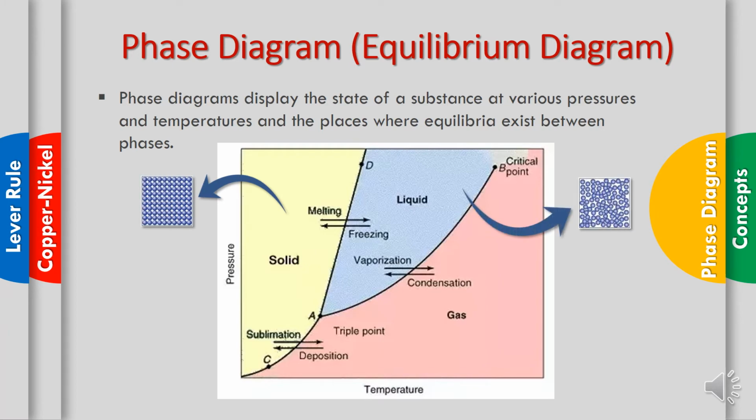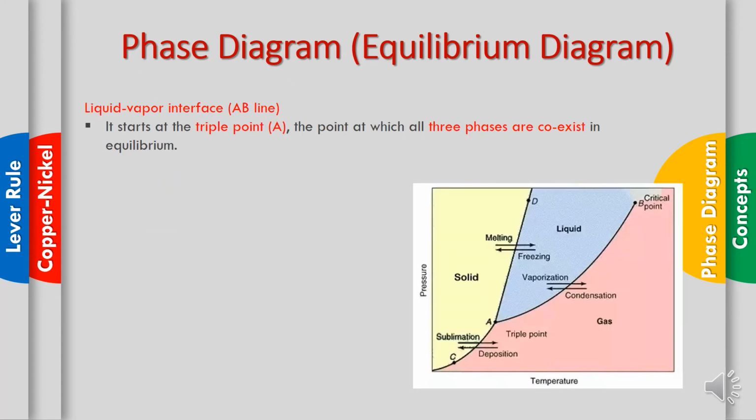So we already know the atomic arrangement of different phases. If we want to discuss more, this is actually a water phase diagram, or water equilibrium diagram, whereby we have solid, liquid, and gas.